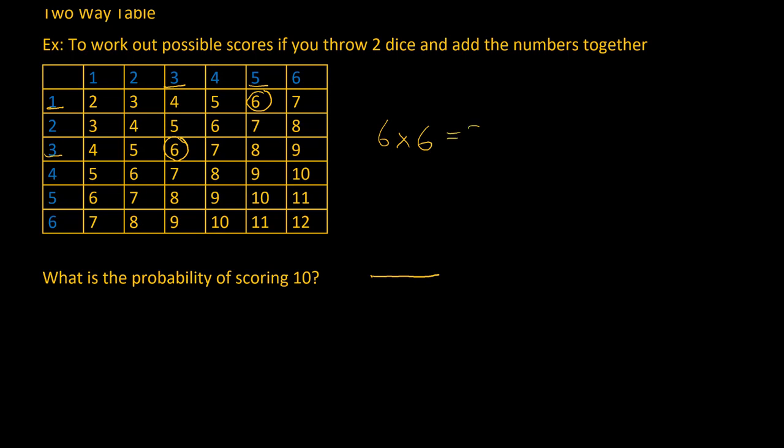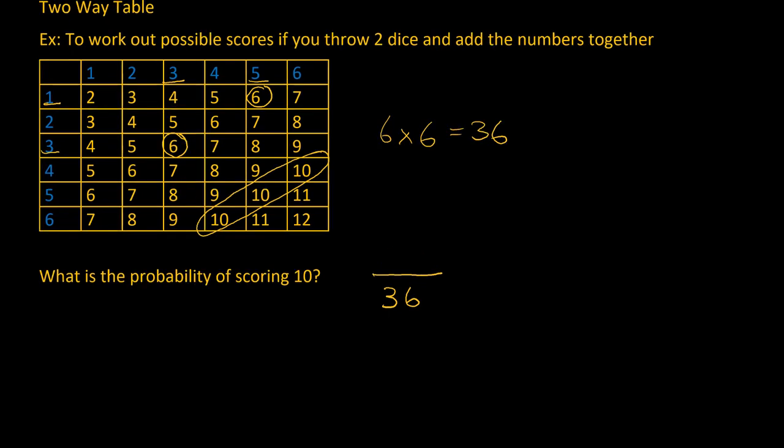So there are 36 possible scores and combinations. So that's the bottom of our fraction. Then if we go back and look, how many possibilities are there for scoring 10? There are 3 different ways there for scoring 10. So that's 3 out of 36, which if we simplify it is 1 out of 12.